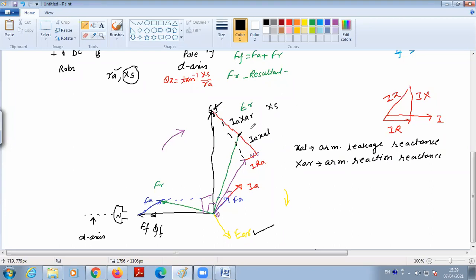If you represent only the reactances, the synchronous reactance Xs is equal to XAL plus XAR.